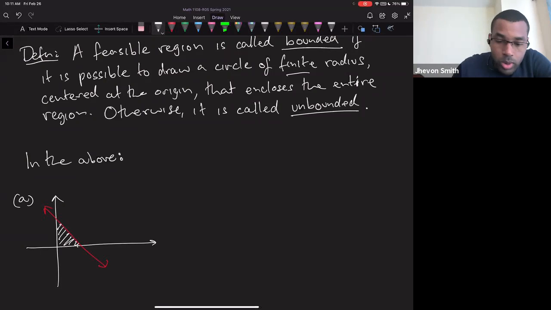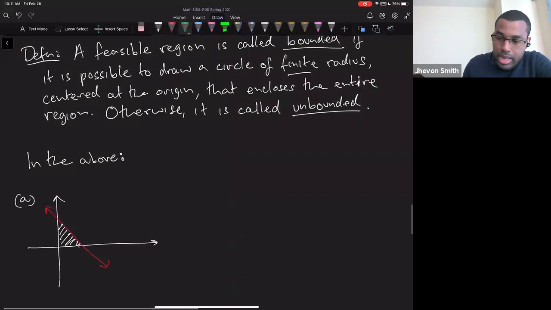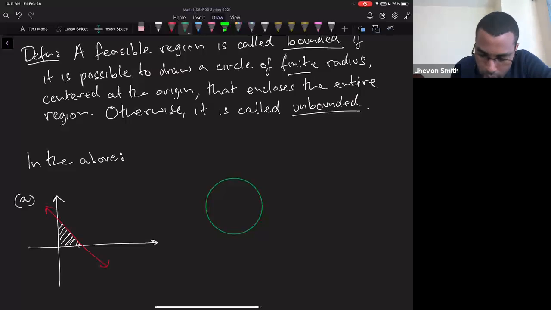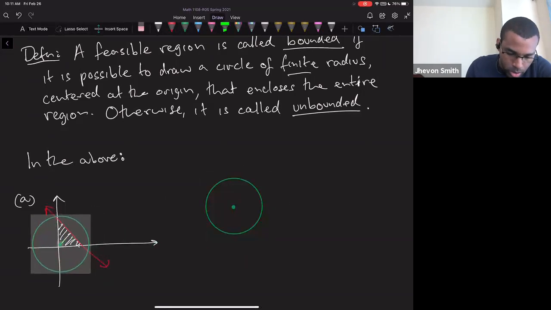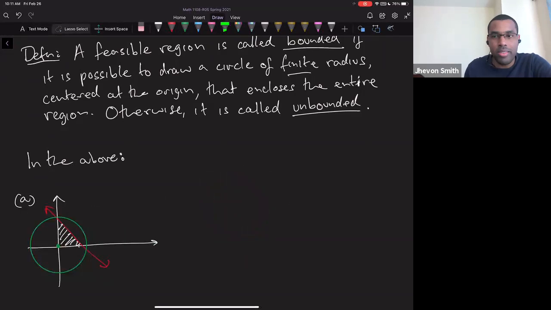Now notice what that actually means is that it's possible that I could have drawn a circle where, let's say, it centers right here. And what I can do is center that circle at the origin in such a way that the entire shaded region fits inside of that circle, right?